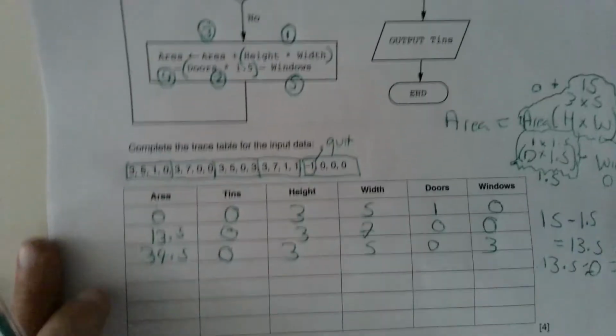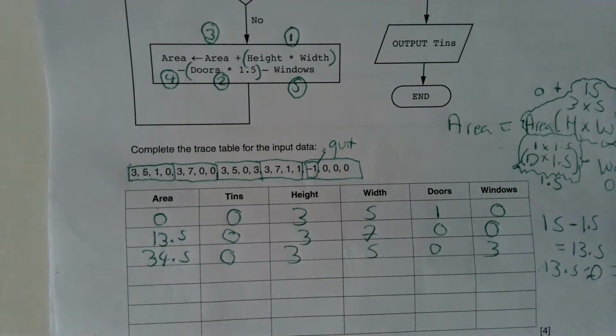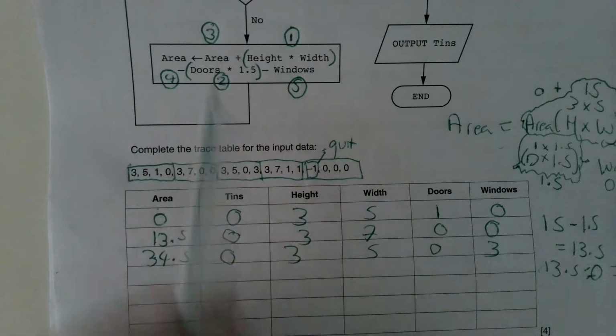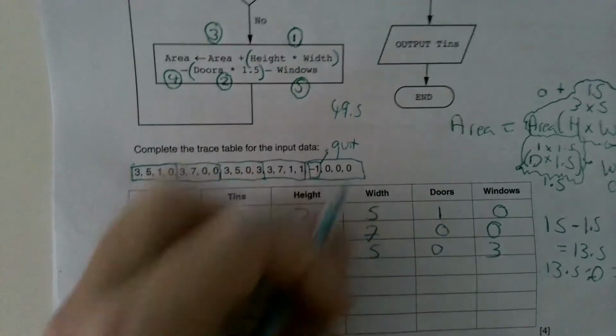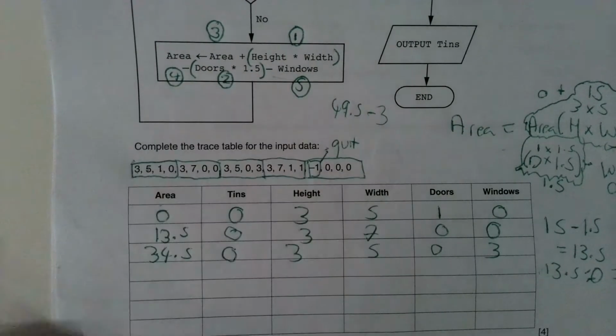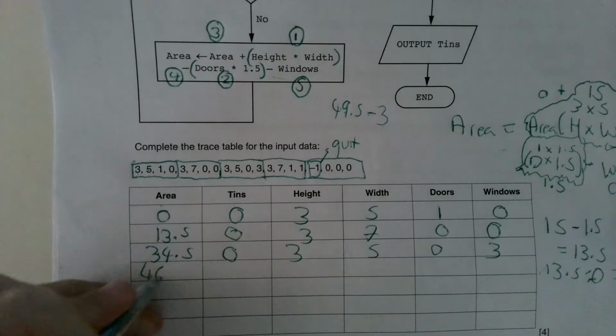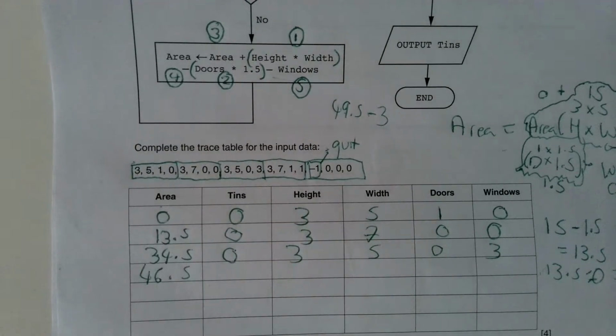We then add that to the area. 15 plus the area is 49.5, so that's nice and easy. Then this is going to be 0 because doors is 0, so we're still on 49.5. Just going to put that here. And windows is 3, so we're going to take away 3 from 49.5, which equals 46.5. Okay, we're still on tins as being 0, I believe. Yep.